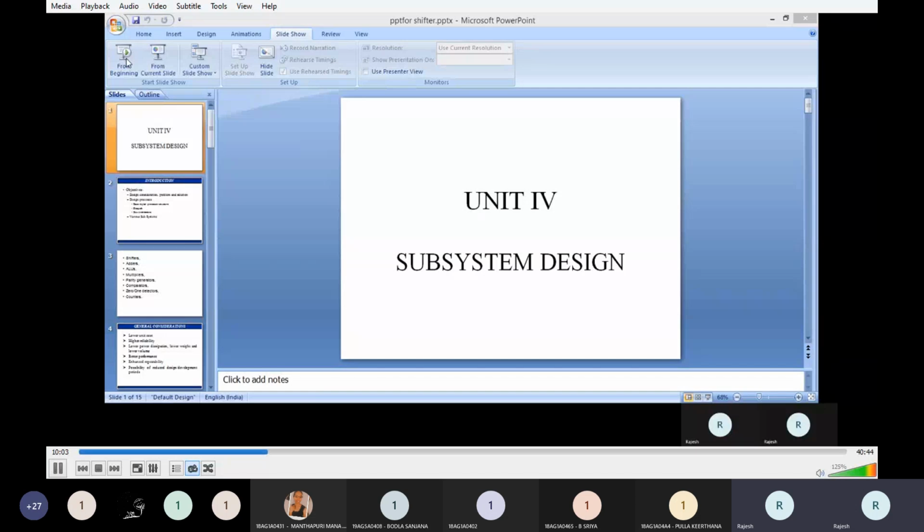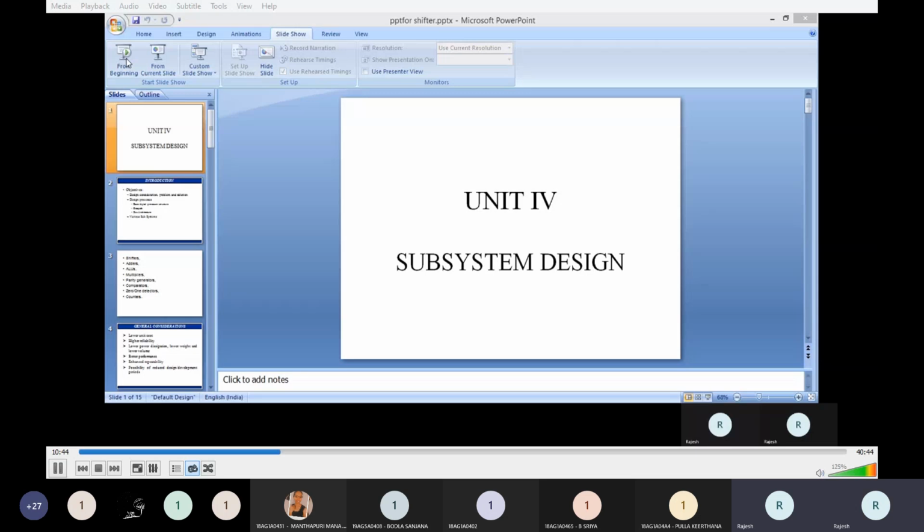At data path level, how data is transferred into the various layers of your silicon from one system to another system, and how control signals are routed, that is studied here. So we are following a data path logic for all subsystems, and each subsystem must be optimized for these parameters. So that is your unit 4, and the system level must be optimized.